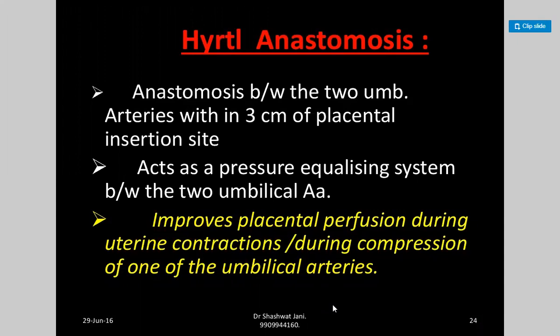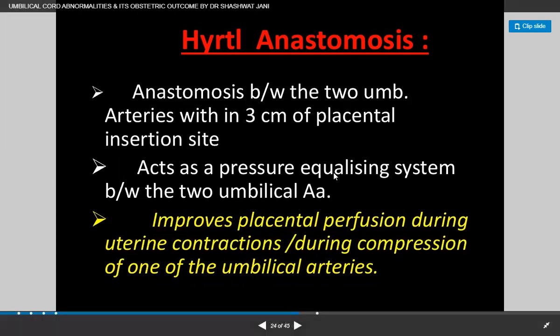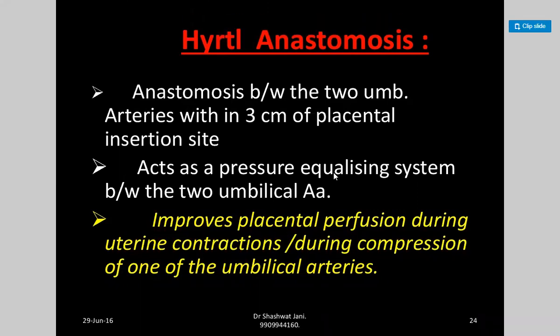It acts as a pressure equalizing system between the two umbilical arteries, improving placental perfusion during uterine contractions and during compression of one of the umbilical arteries. So that is how these abnormalities can be seen. This is just the initial part of the abnormalities of the umbilical cord, from the length point of view, then the content, and from the attachment point of view.